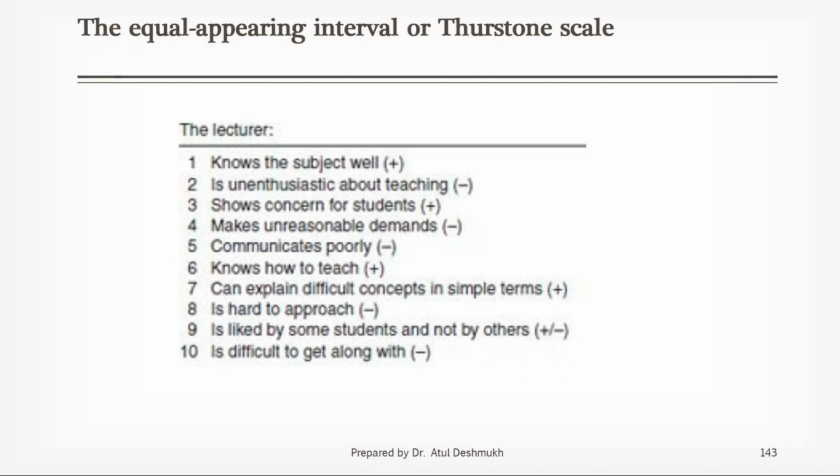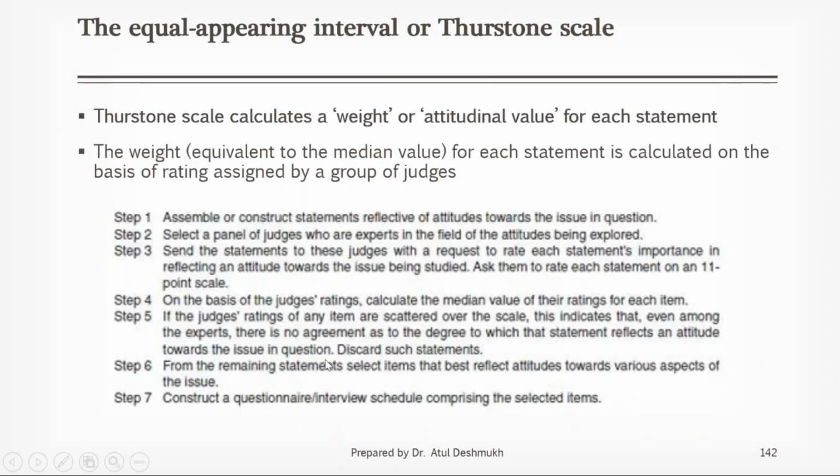Like it is not directly associated with the teaching capabilities of that particular lecturer. So such items where there is discrimination of opinion, there is difference of opinion, all those items will be removed, and what will be kept? Only those items where there is equal opinion, similar opinions, that will be kept as a part of your research questionnaire, right?